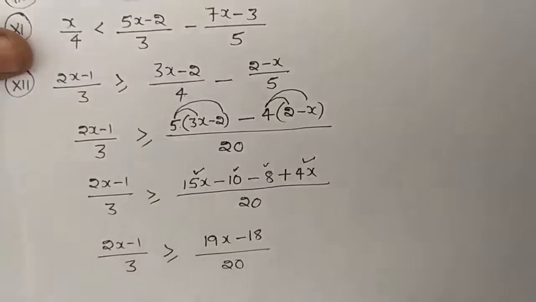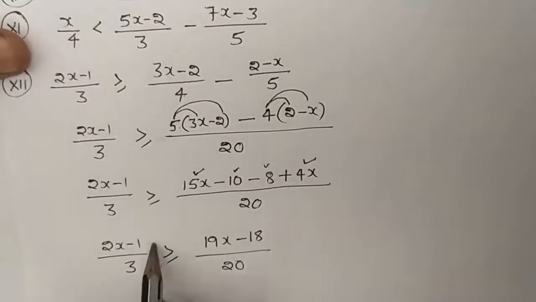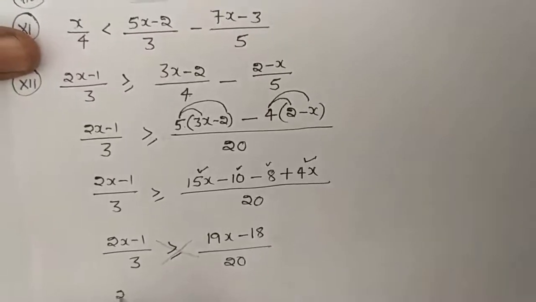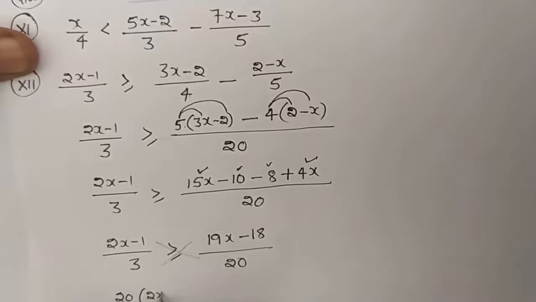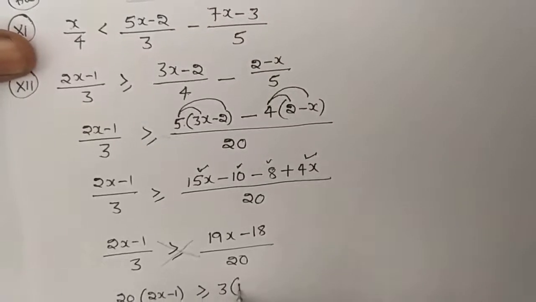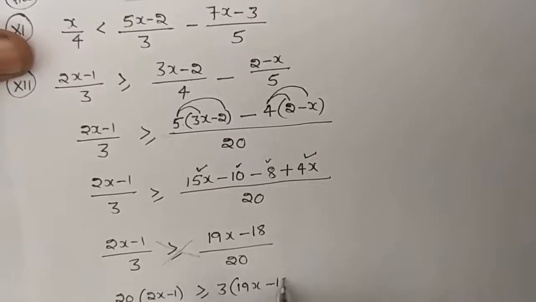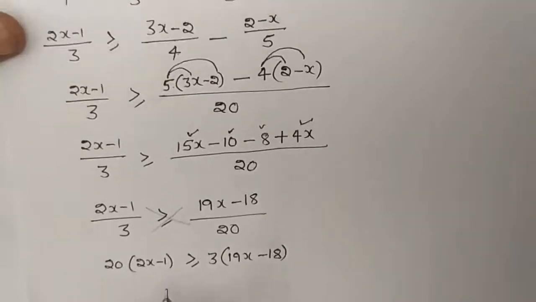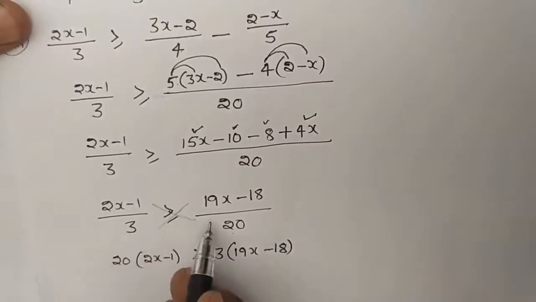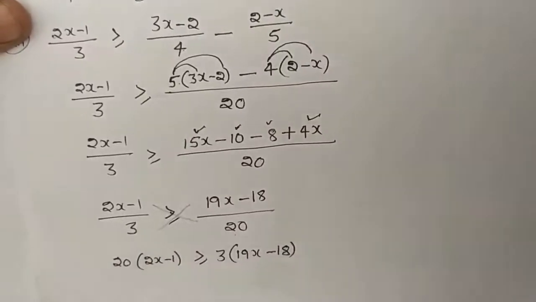Next, now take the cross multiplication. Then 20 into (2x minus 1) is greater than or equal to 3 into (19x minus 18).